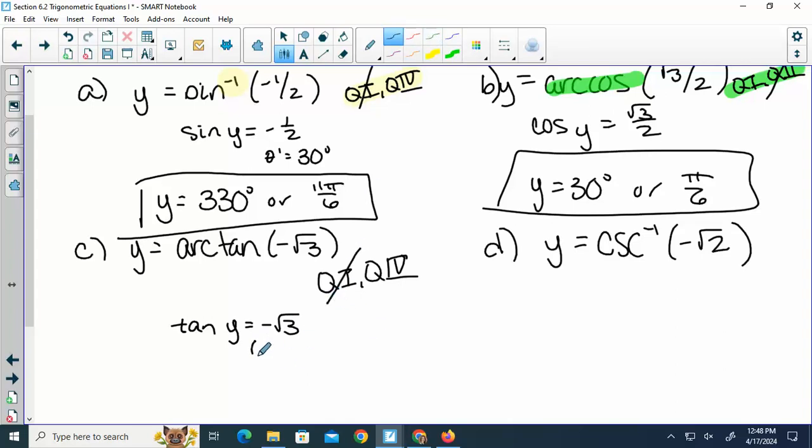Reference angle: when is tangent radical 3? 60 degrees, because radical 3 over radical 1 is radical 3. So in quadrant 4, 360 minus 60 is 300, or if you did radians, that would be 5 pi over 3.